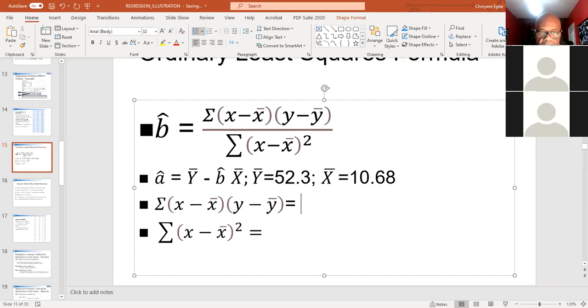The sum of X minus X bar times Y minus Y bar is 2102.39.